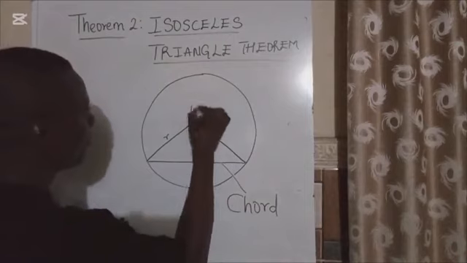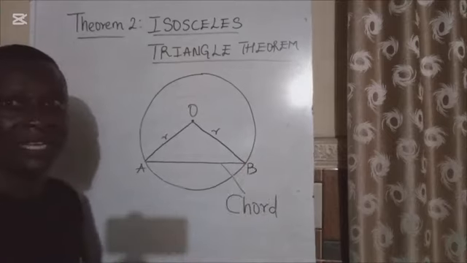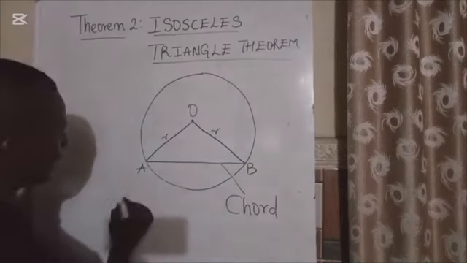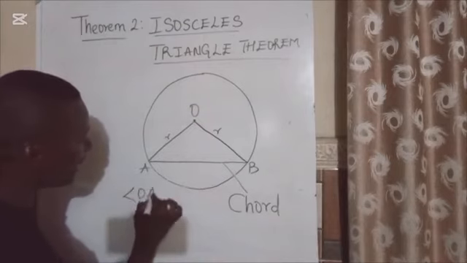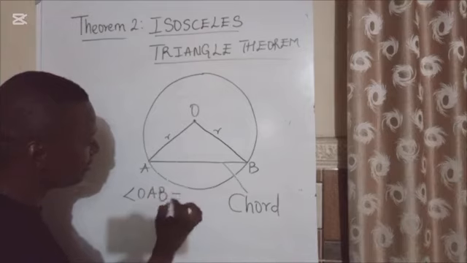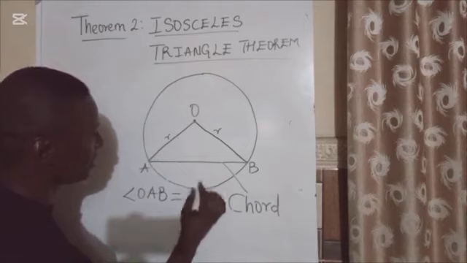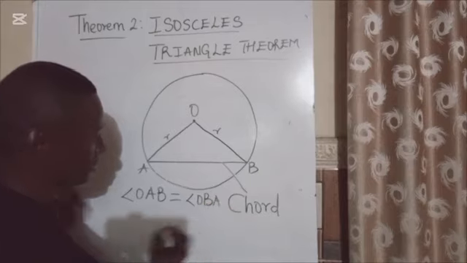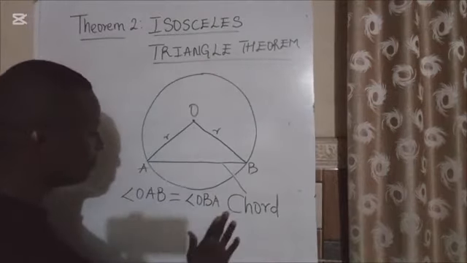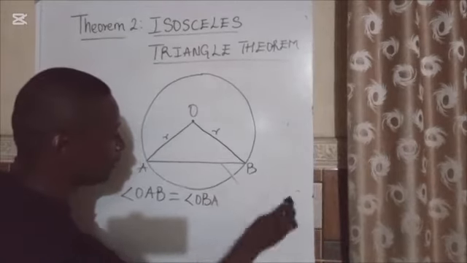So if this is O and this is A and this is B, it simply implies that angle OAB is simply equal to angle OBA. Why?